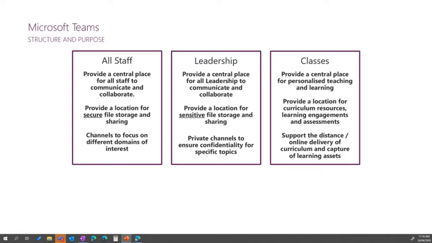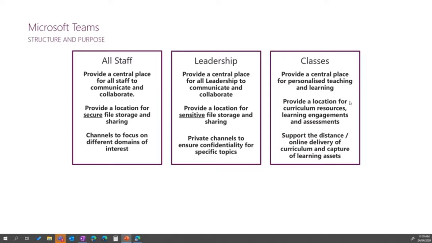However, for a secondary school, you are probably going to have, on top of this, dedicated faculty teams. You'll see in a moment when I take you in and show you that the all-staff team for a primary school can actually have most of the faculty and teaching teams, just because of the way primary schools are set up and the way that we work together.